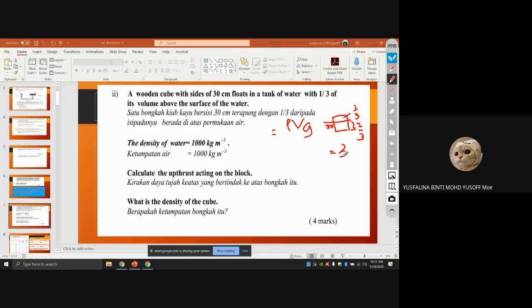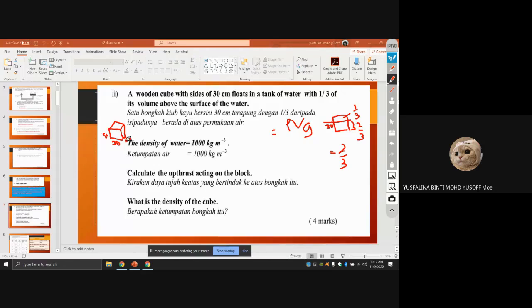So how do you find the volume of the cube? The cube is length times width times height, and in a cube the lengths are all the same. Because this is in cm, change to meter first, because the density here uses meter.